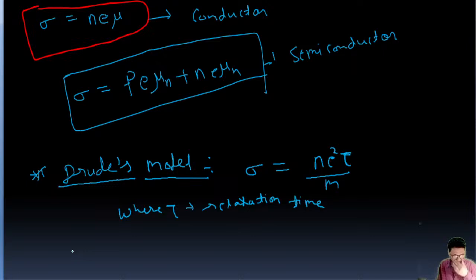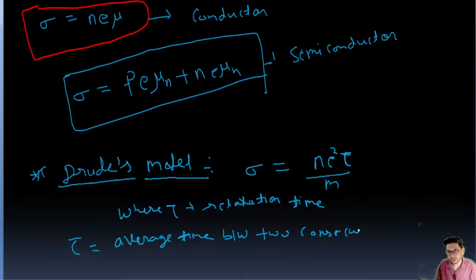Or we can say the value of tau is the average time between two consecutive collisions.